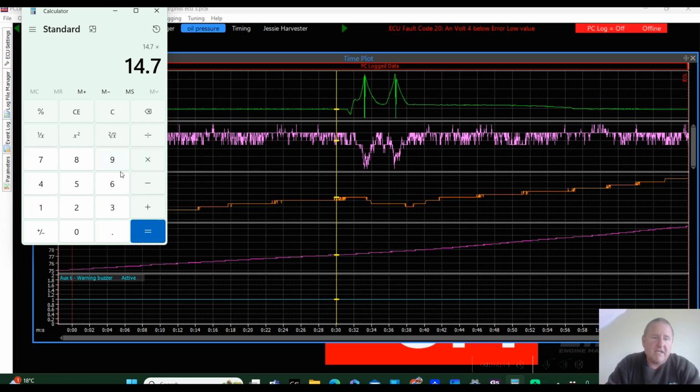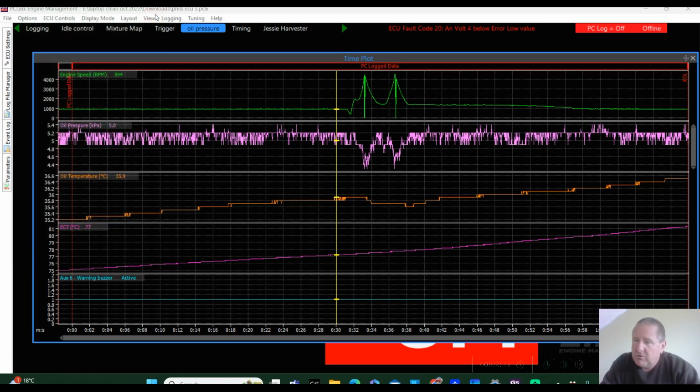So I'm going to times it by 0.054. And that was the best reading we had. The best reading. It was down lower than that. So 0.79 of a PSI, less than 1 PSI. Okay. So the engine ran for about 20 minutes with less than 1 psi of oil pressure. That's a problem, okay? That's why our engine failed.